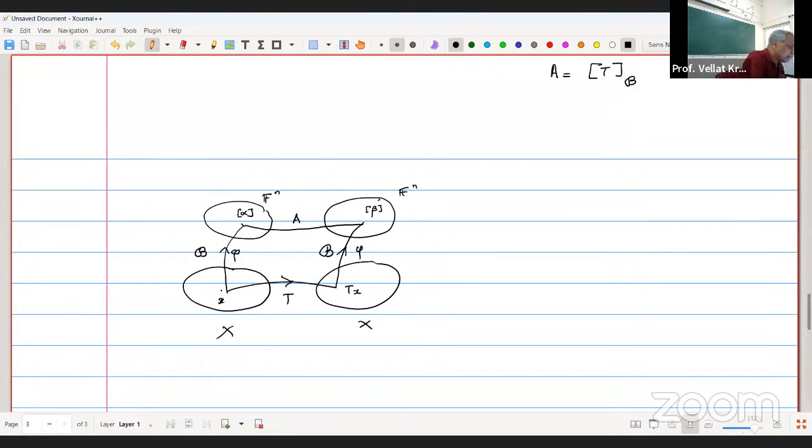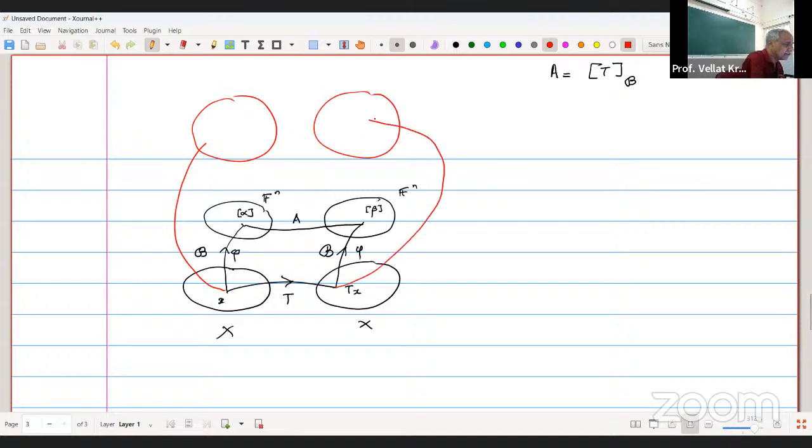Now let me use a different isomorphism. I have a copy of Fn, I have another copy of Fn. There is another isomorphism that you have, that is determined by the choice of an ordered basis B prime, and let phi prime correspond to that.